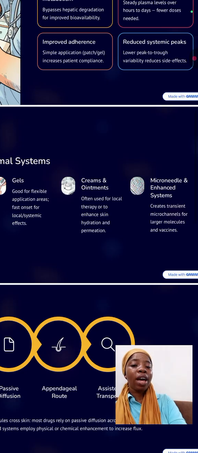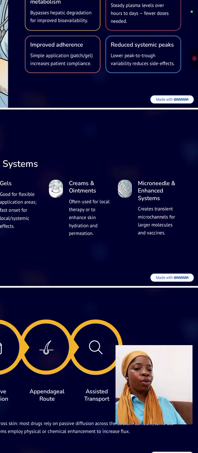So then we talk about the microneedle system. In the microneedle system, it creates transient micro channels for larger molecules and vaccines. So these microneedles create micro channels.